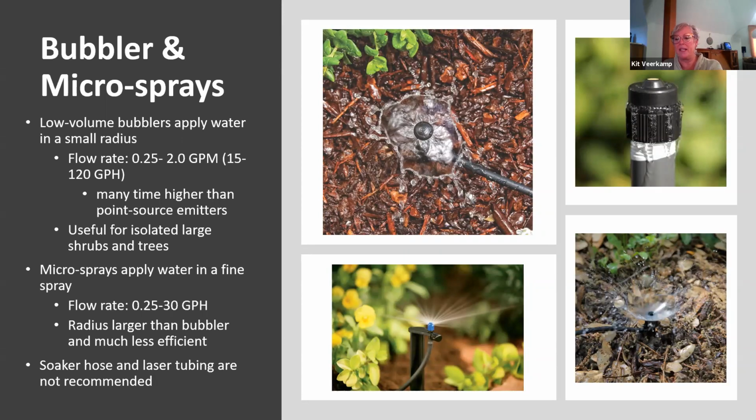You can see with the sprays and water misting up, those can get blocked. They're not going to be as efficient as it dripping right into the soils around your plants. Soaker hose and laser tubing are absolutely not recommended. The flow rates are not uniform. You get far more water coming out at the beginning than the end. So just steer clear of those altogether.